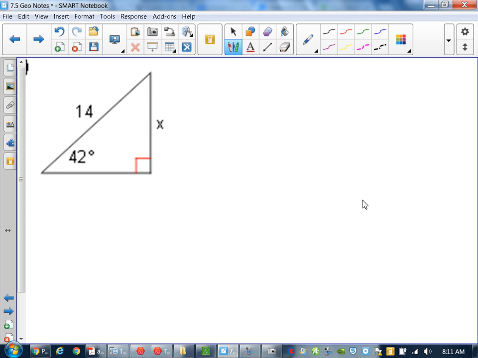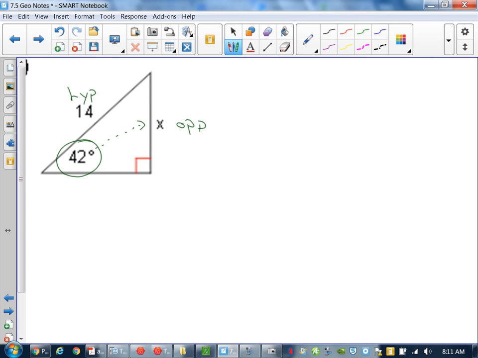So when I start to label this problem, always start by circling the angle. Draw your arrow. What is that side called? Opposite. What is the 14 called? Hypotenuse. So go through your list. Which of the three work with opposite and hypotenuse?